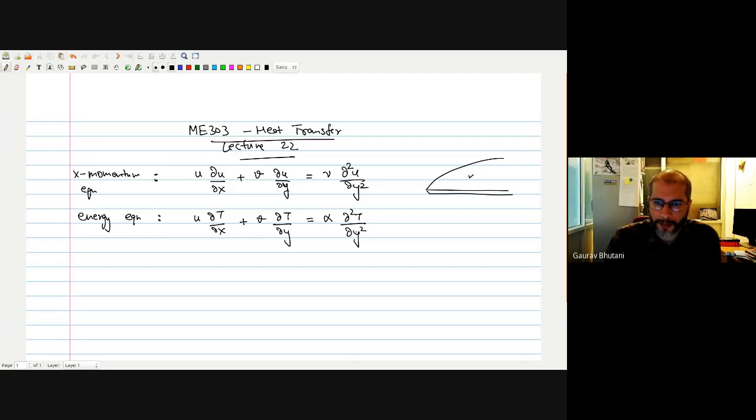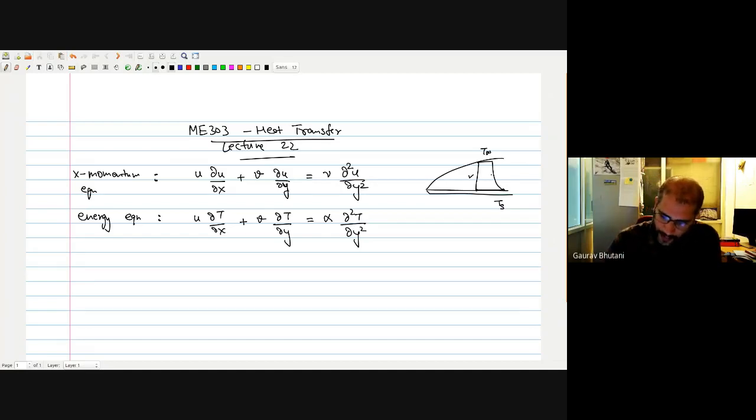On the right hand side we have alpha, which is the thermal diffusivity, and then we have the second derivative of T, the temperature, with respect to y, because again in the boundary layer region the temperature starts from Ts at the surface and has to then go to T infinity at the edge of the boundary layer on the top. The temperature varies from Ts to T infinity, so that is the reason you have a temperature gradient where the temperature varies as a function of y.